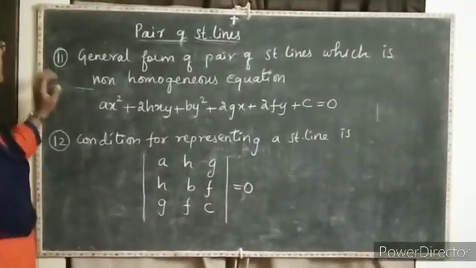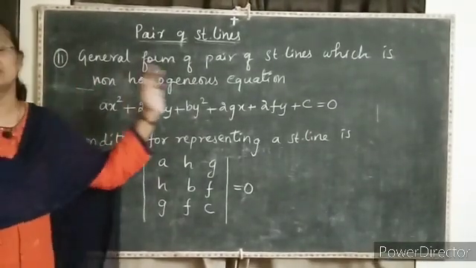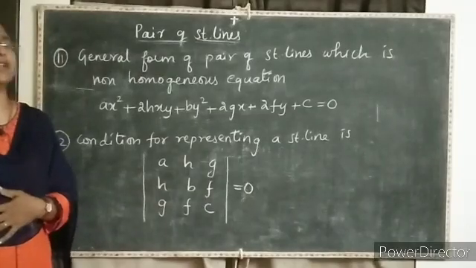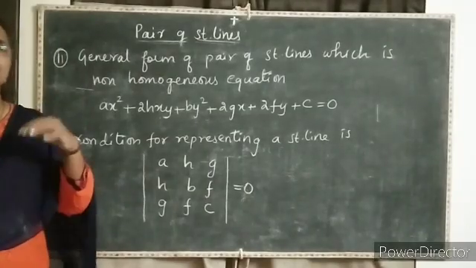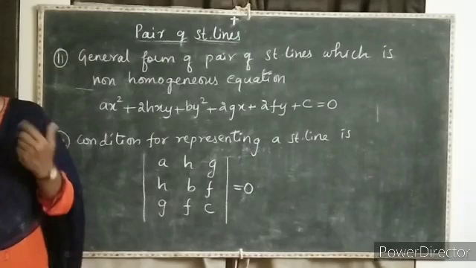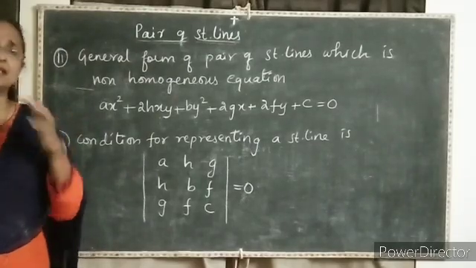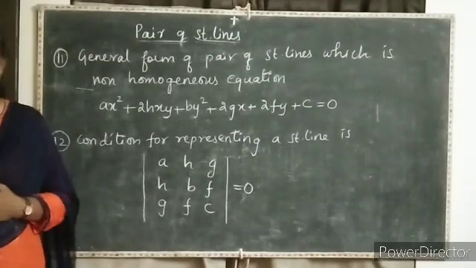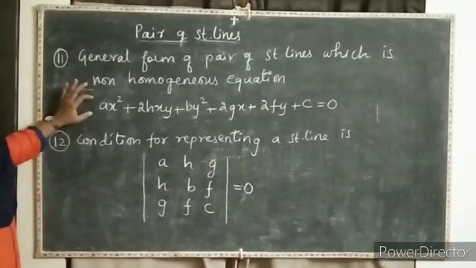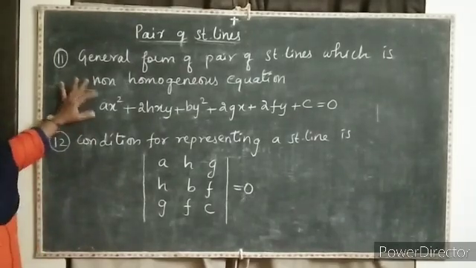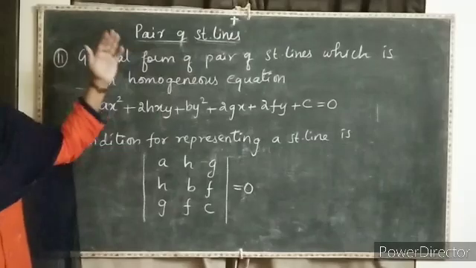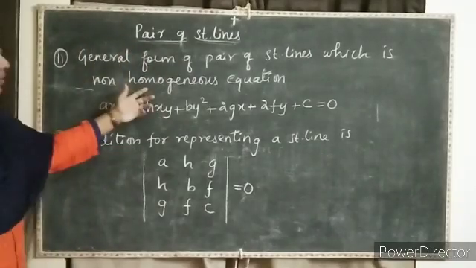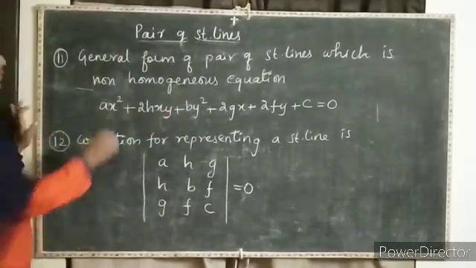Okay students. Now look into this. This is a non-homogeneous equation. We have learnt already in our 10th standard what is meant by homogeneous and non-homogeneous equations. We have discussed the nature of linear equations too. This is one more type of pair of straight line equations, but non-homogeneous.